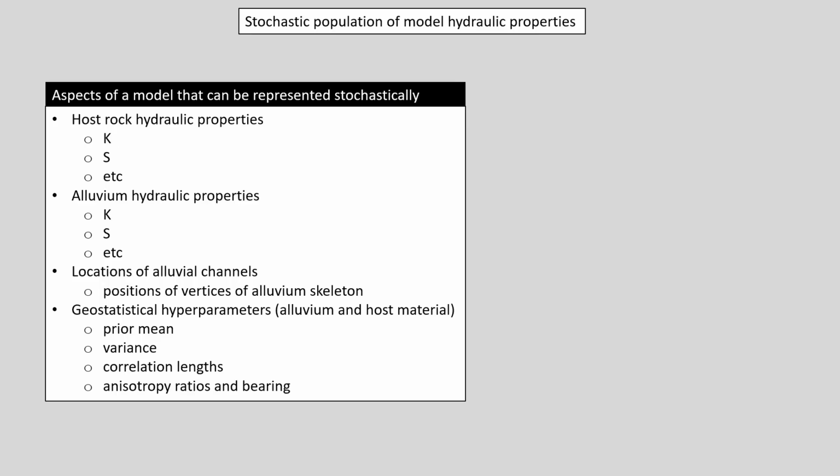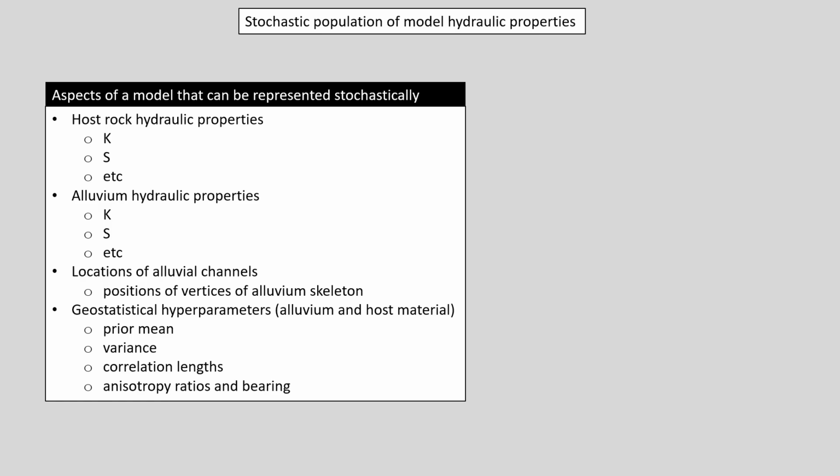So what's the good of all this? Well, we have the means now to populate a model domain with complex realizations of hydraulic properties that can fairly realistically, I hope, represent at least some hydrogeological context of interest. Everything we talked about so far is based on a single property type in a single model layer.